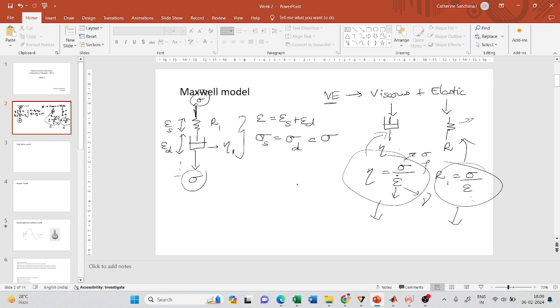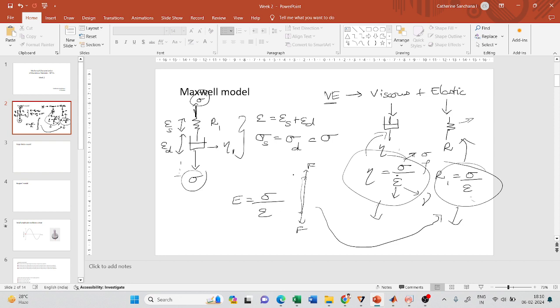Let us say I have a steel bar and I am applying some force to it. Now I know that steel is an elastic material. I'm modeling steel as an elastic material, and I know the constitutive relation. I know that it obeys Hooke's law, and so I write Young's modulus as stress by strain.